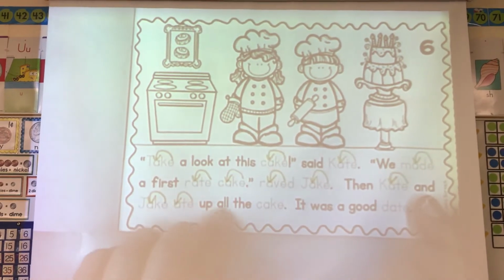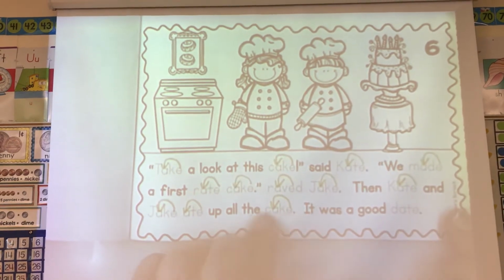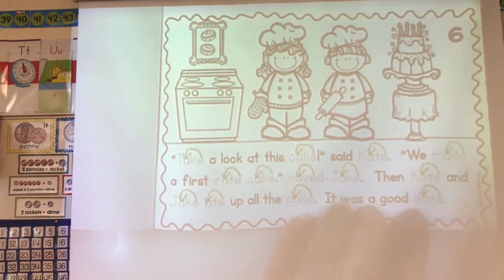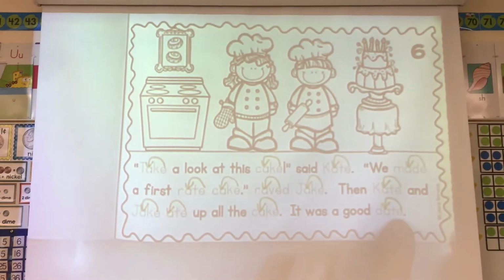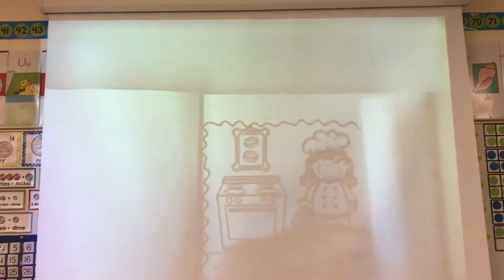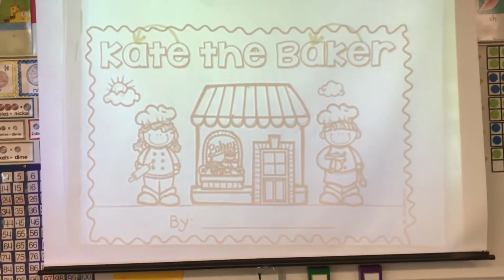Ate up all the cake. It was a good, draw an arrow, date. There are the questions, but let's go back and read it now without drawing all the arrows.